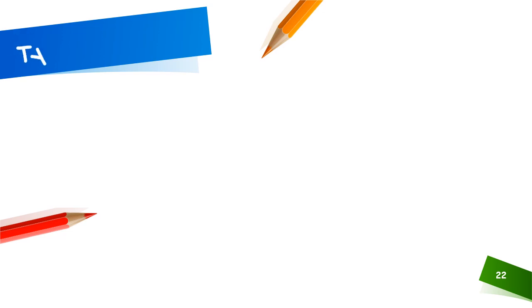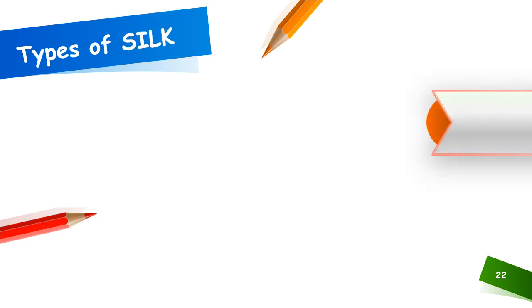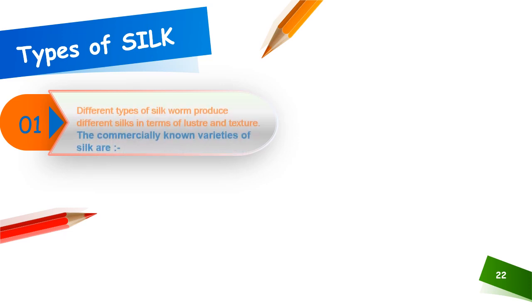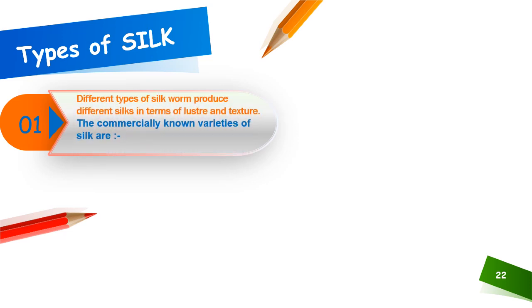Now let us study about types of silk. India produces many varieties of silk, each obtained from a different type of silkworm.